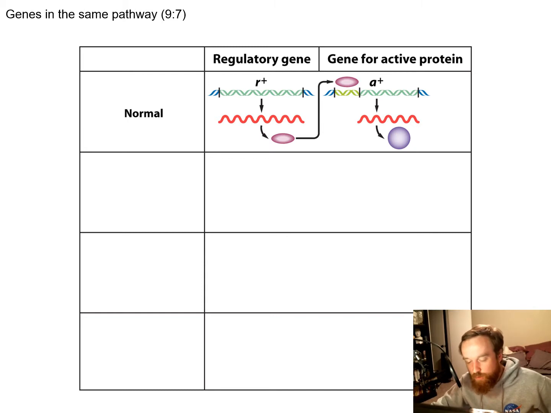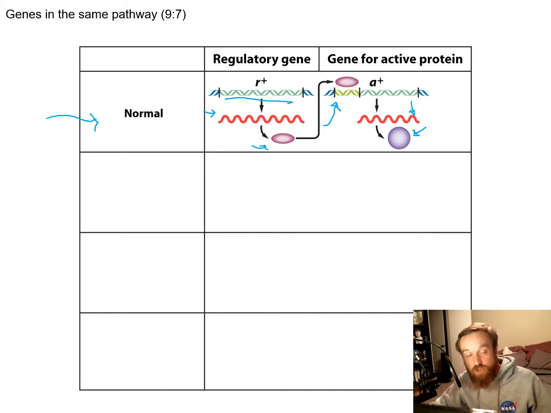So in this example, we have the normal phenotype where we have two genes that are part of the same pathway. We have gene R here that gets transcribed into mRNA and turned into a protein product. That protein is a transcription factor that is responsible for turning gene A into mRNA and then into a functional protein of some sort.